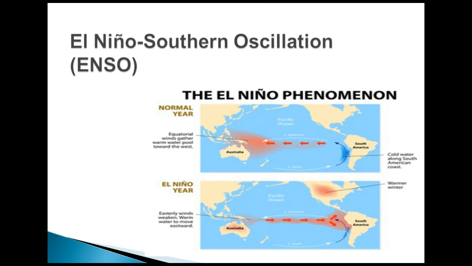So you see now in this picture, in a normal year, this cold water along the South American coast is pushed this way, westward. And because it's pushed westward, all this water is pushed this way, it leaves cold water now next to the South America and North American coastline.